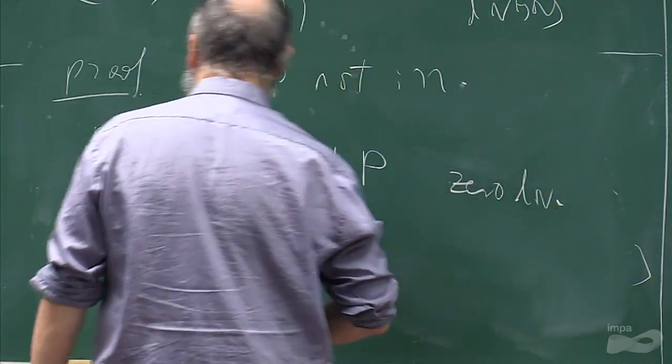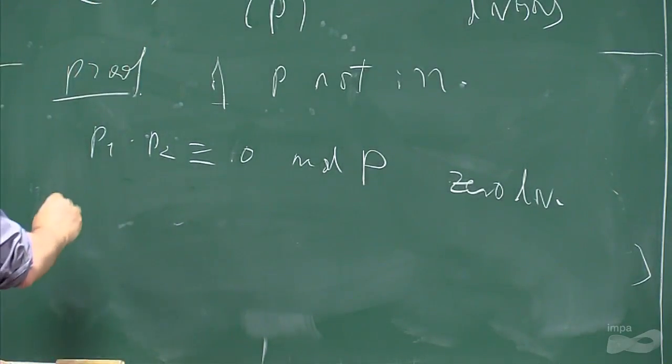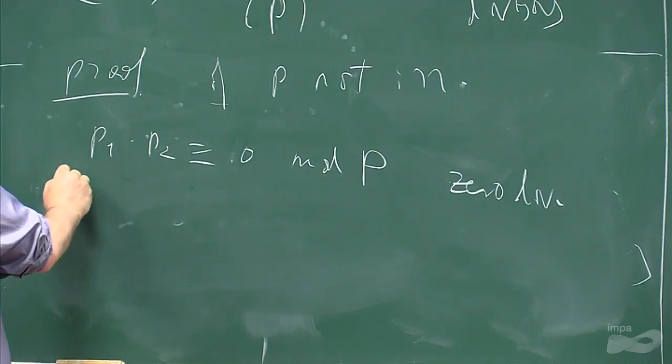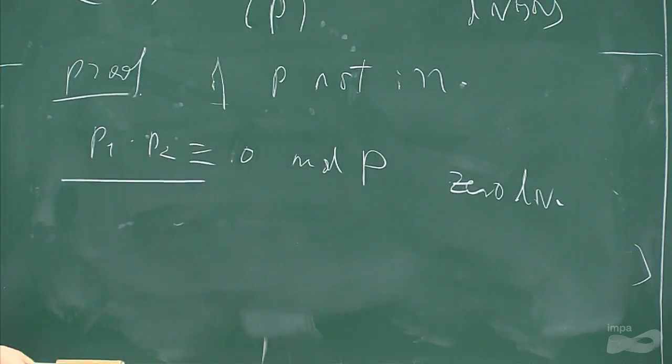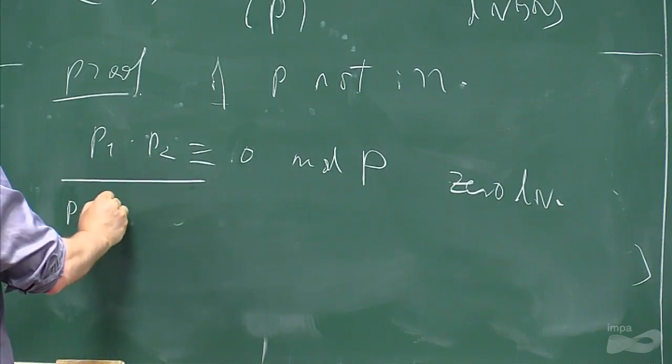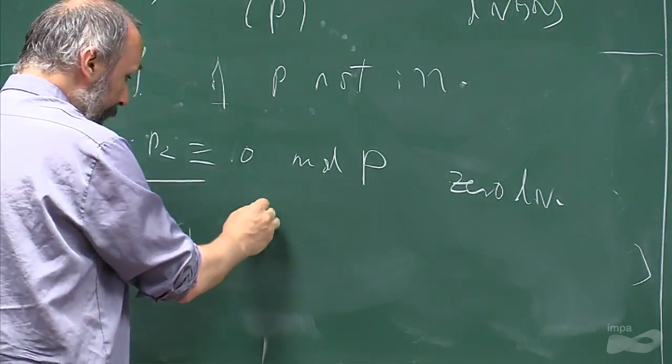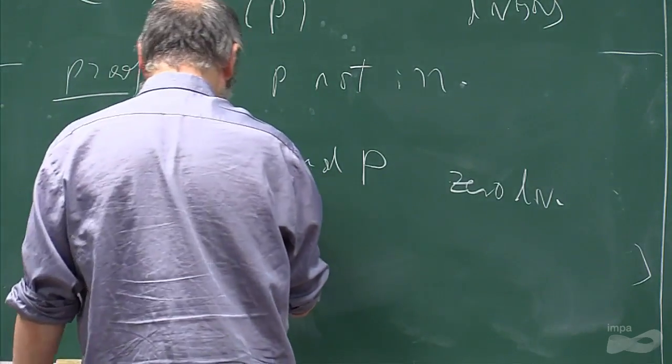Conversely, now we want: if P is irreducible, then it is prime.